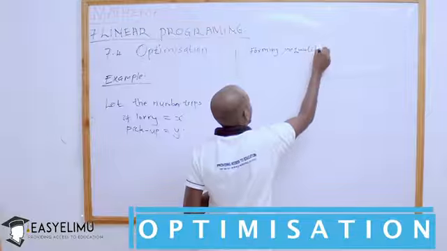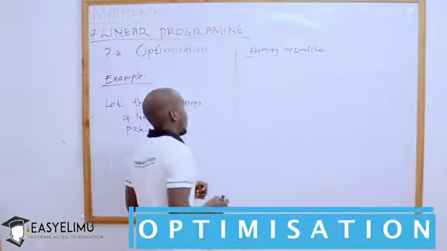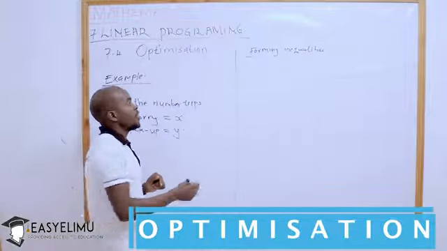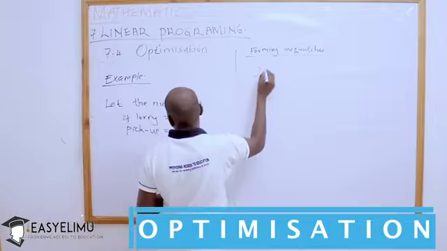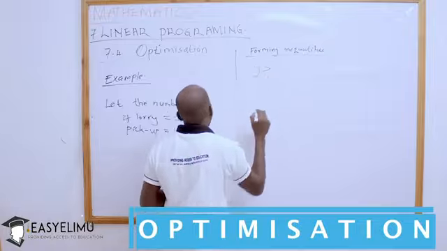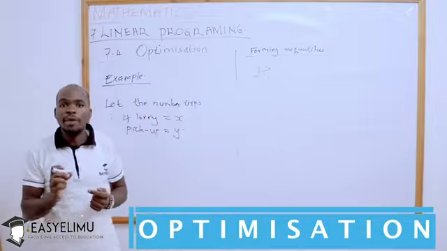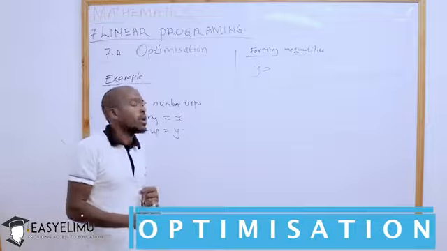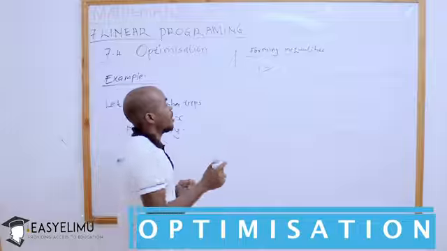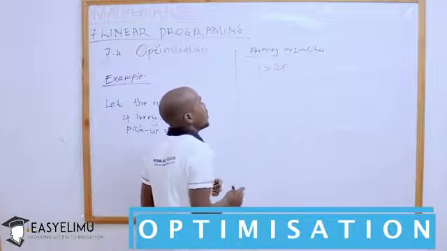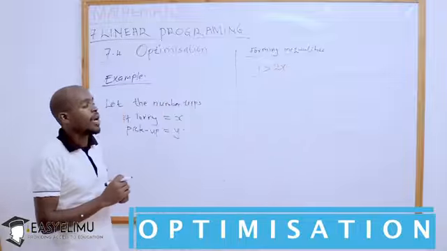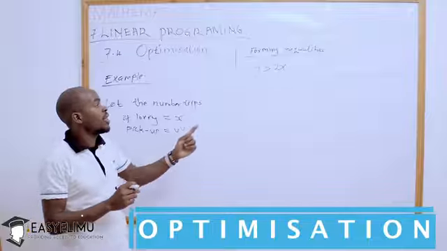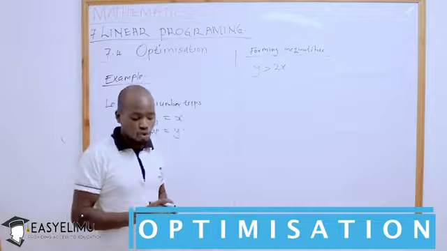We can form the first one. If the lorry is x, then the pickup has to make more than twice as many, meaning y is greater than 2x.